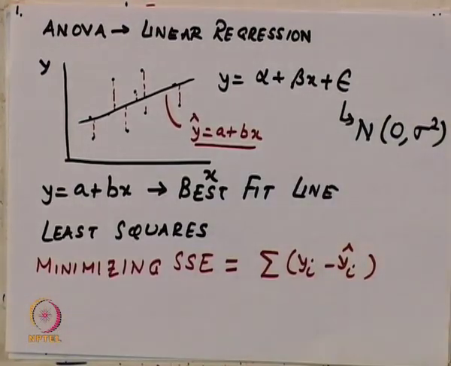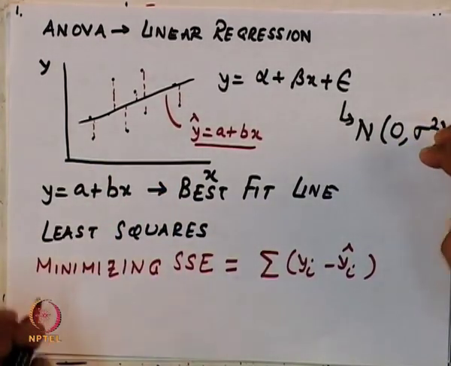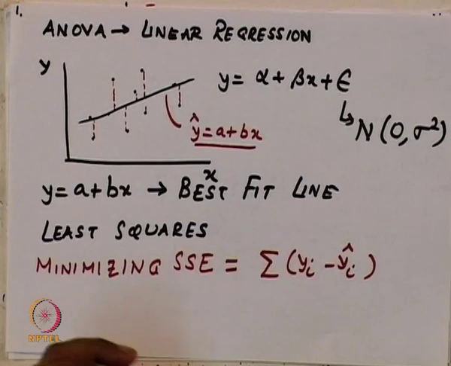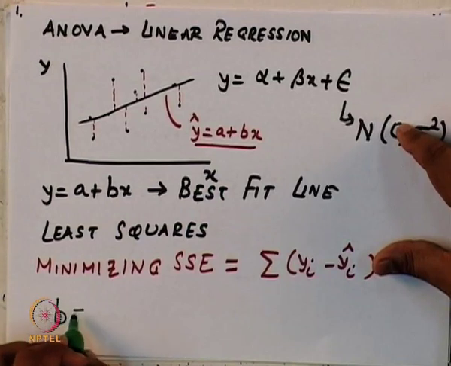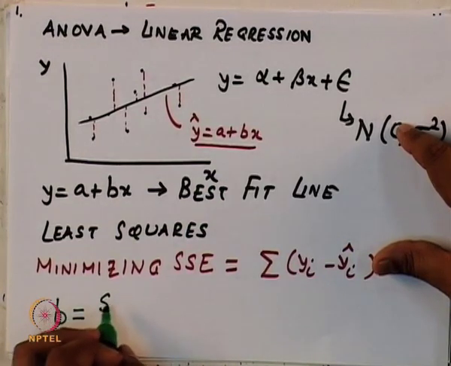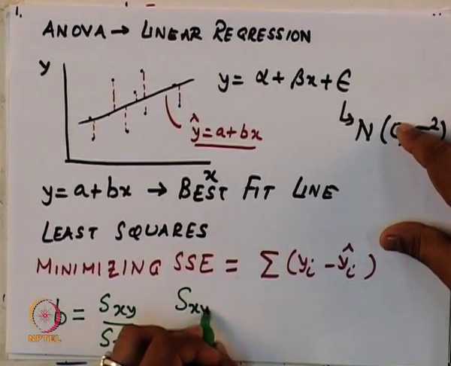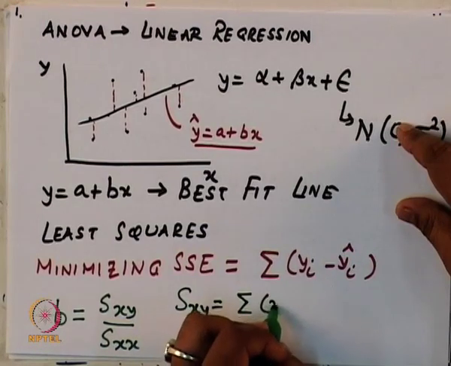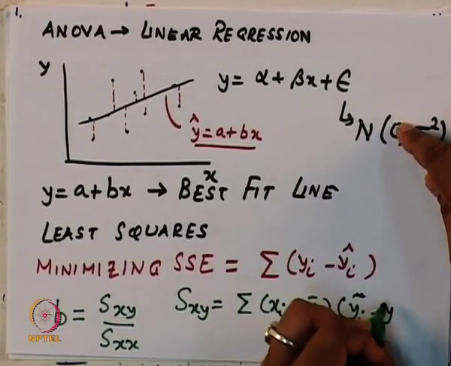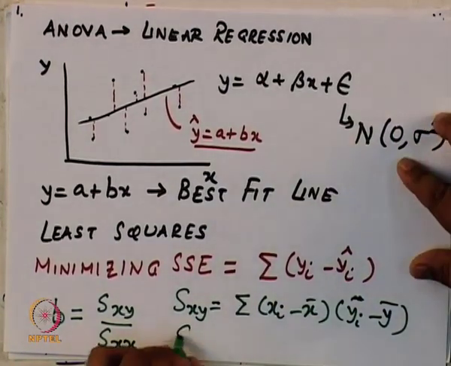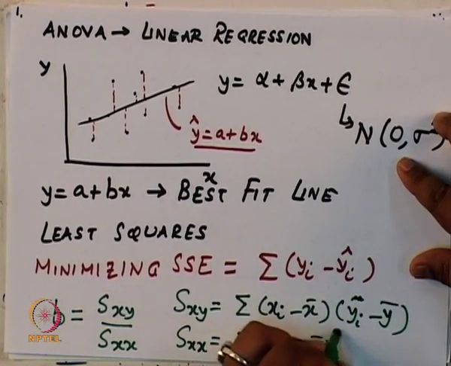Okay. And what we have previously shown long back was, using calculus, you could determine the values of these coefficients a and b. So, b is given by s of xy by s of xx, where s of xy is given by summation of xi minus x bar into yi minus y bar. And sxx is summation of xi minus x bar whole square.